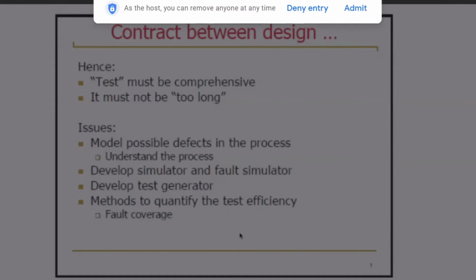Basically, the fab house wants the test to not be too comprehensive and not too long. They need to test the physical hardware, so they ask what type of test development you did with your design in your design cycle phase.